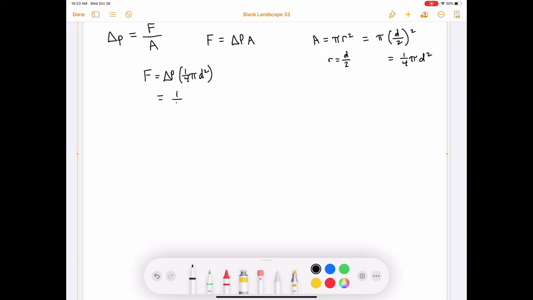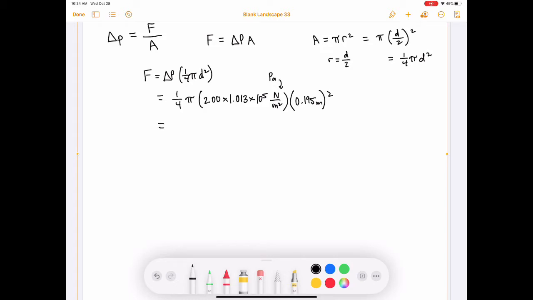So here we have 1/4, we have pi, and then delta P is 2 atmospheres. But that's the same as 2 times 1.013 times 10 to the 5 pascals. And a pascal is a Newton per square meter. Okay, and then we have the diameter, which is 19.5 centimeters or 0.195 meters, and we square that.